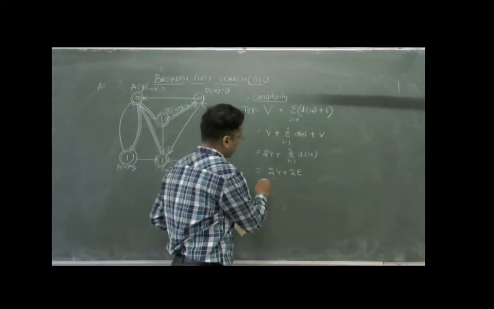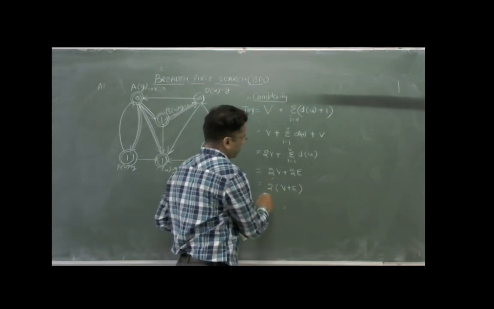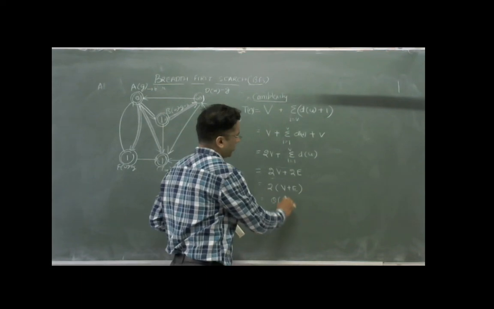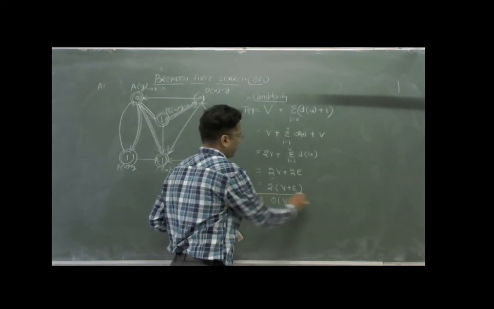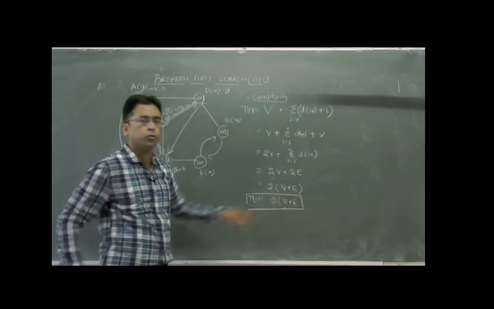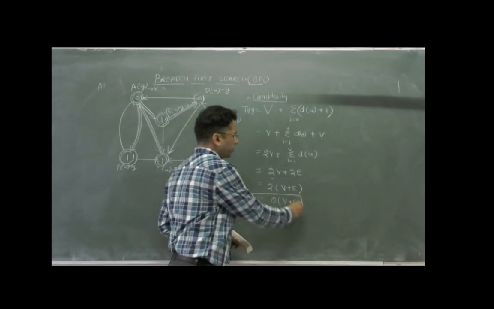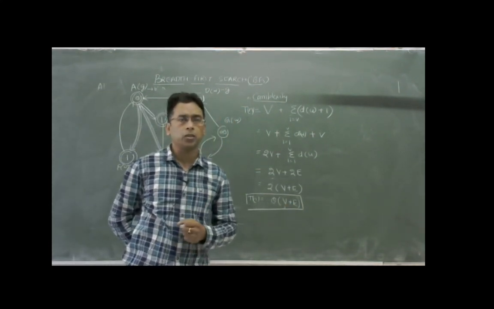Now we can take common V plus E. So this is theta of V plus E. So the complexity is order of V plus E. So that's all about breadth first search.